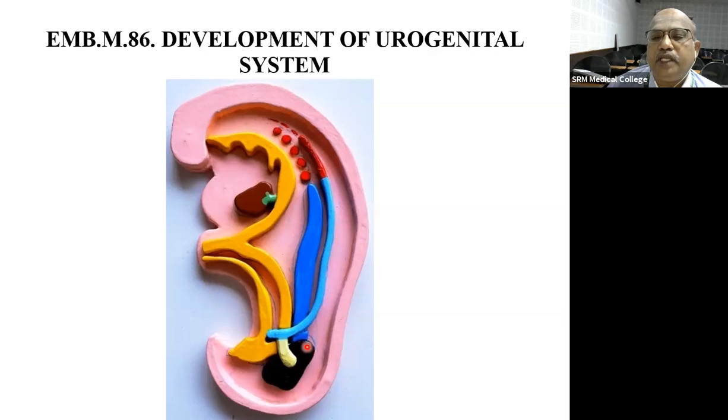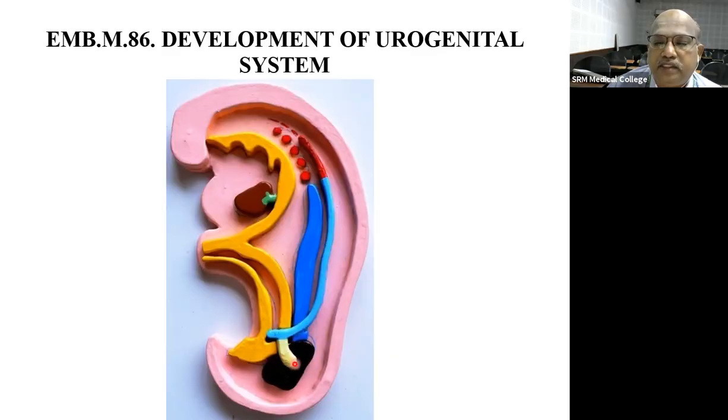If you take the development of kidney, two parts you have to tell, collecting part and secretory part. Collecting part is derived from this ureteric bud. Your secretory part is derived from this metanephros. So this is the small part of metanephros, into which our ureteric bud enters. This ureteric bud enters into the metanephric part of the kidney called metanephric blastema.